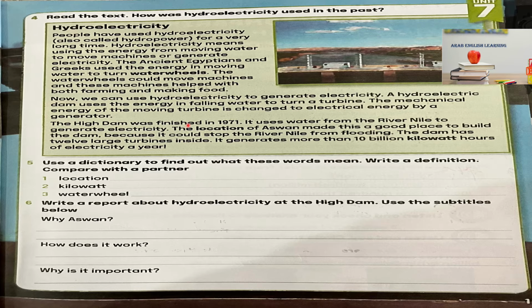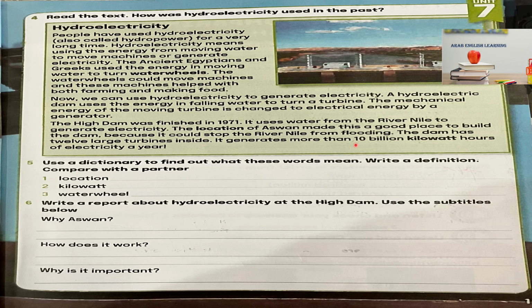The High Dam was finished in 1971. It uses water from the River Nile to generate electricity. The location of Aswan made this a good place to build the dam because it could stop the River Nile from flooding. The dam has 12 large turbines inside.